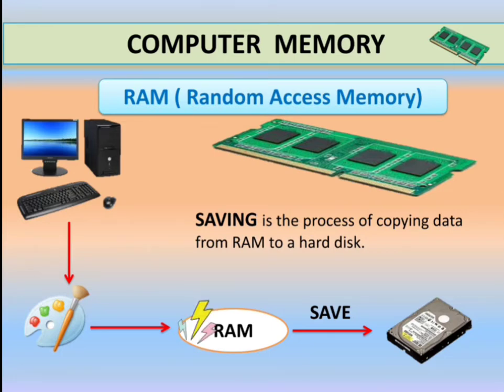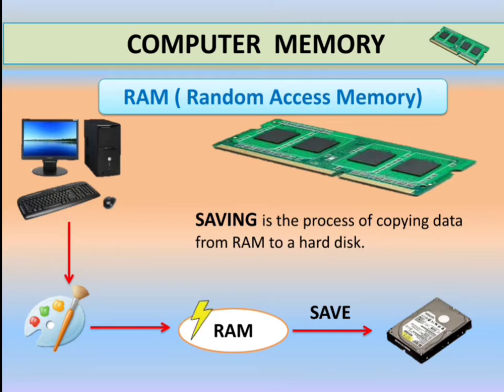As you can see in the picture also students, suppose this is your computer and you have opened MS Paint on the computer. Whatever drawing you are making on MS Paint, all that work is saved in the RAM. But it is only present in the RAM till the time you are using MS Paint. Once you close MS Paint, it will come out of the RAM.